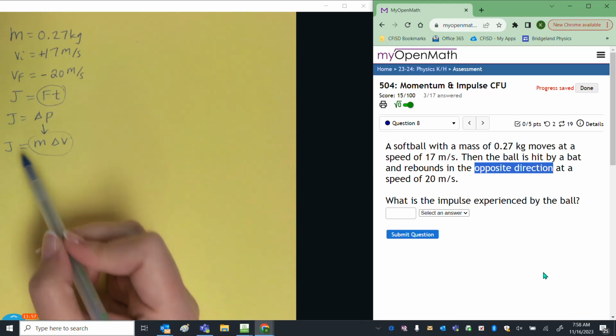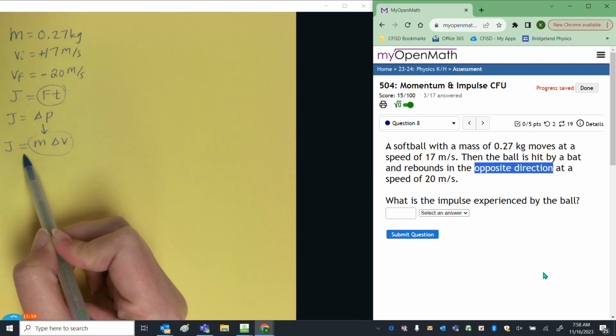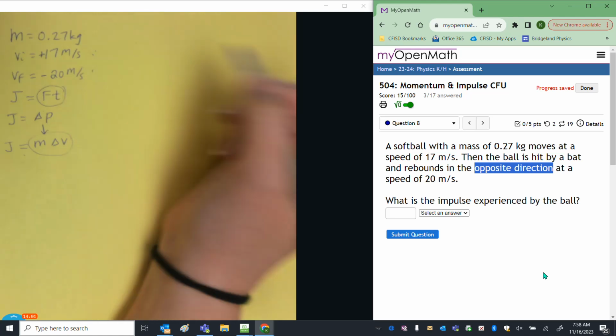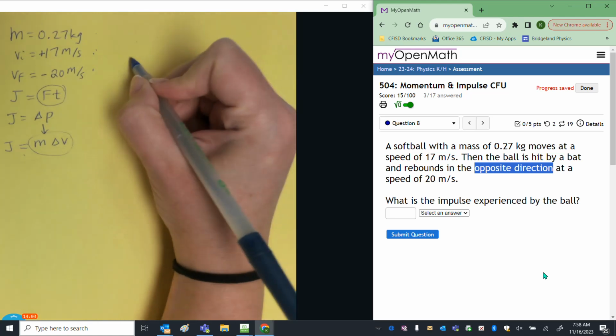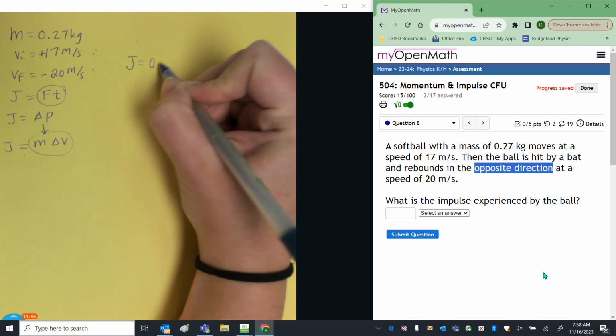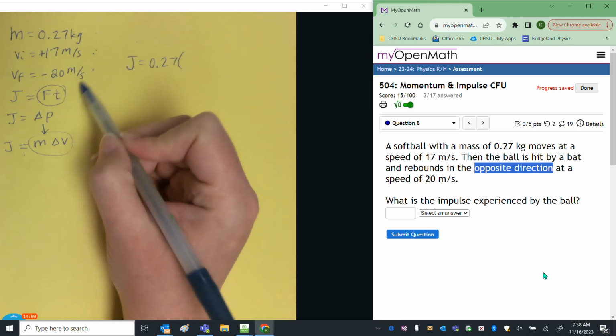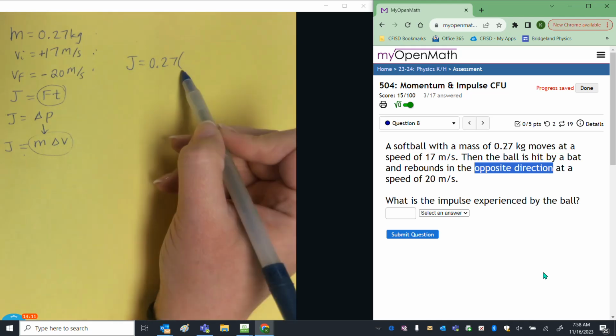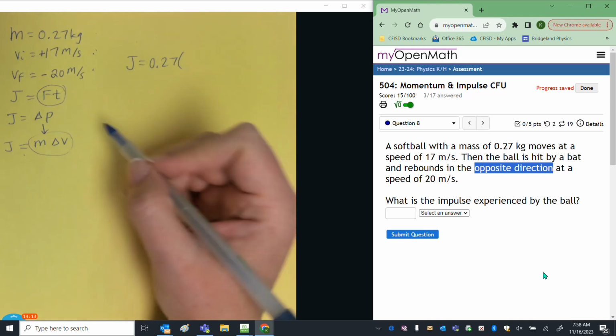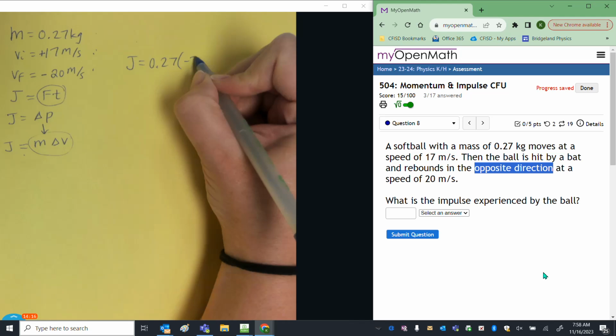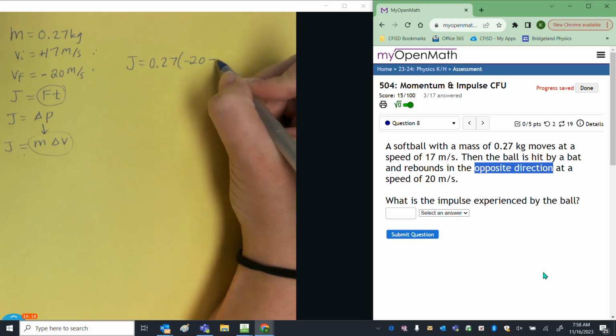So I can solve for impulse with this formula because I have a mass and I have 2 velocities. Let's go ahead and do that. J equals my mass, 0.27, times my change in velocity. Again, I can find the change first and plug it in, or I can just plug in VF, negative 20, minus VI, 17.